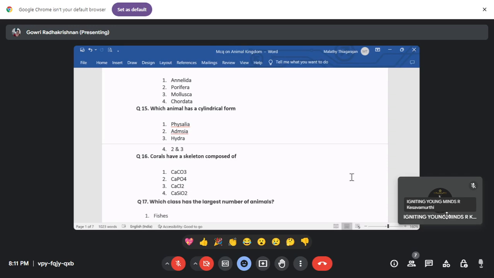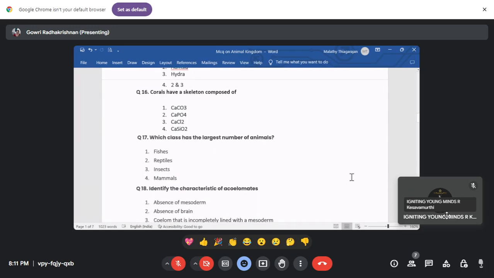Physalia, Hydra, both. It should have been option 1 and 3. It's a typing error again, I typed it as 2 and 3. Actually, both are commonly referred to as Portuguese man of war. They possess cylindrical form, both Physalia and Hydra.